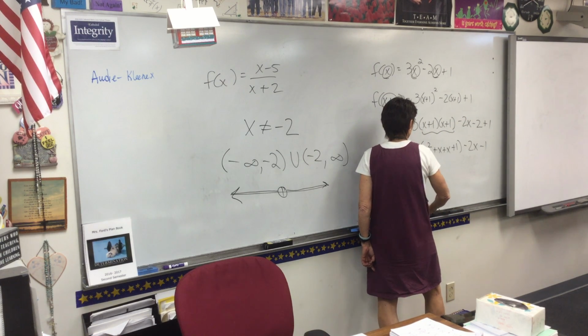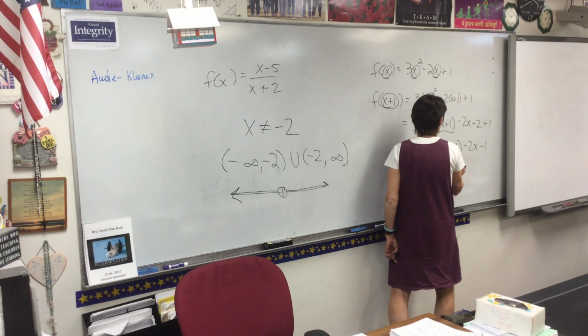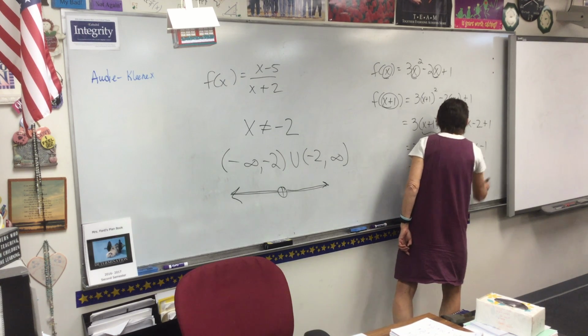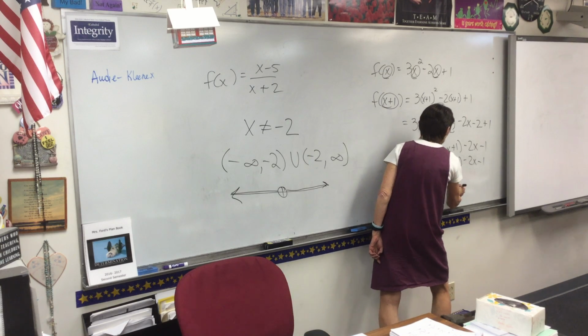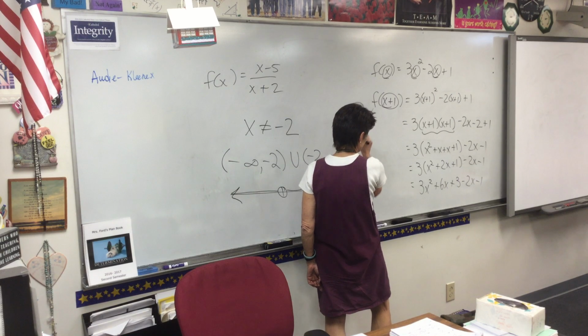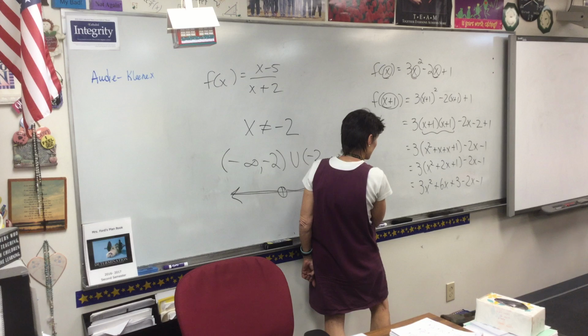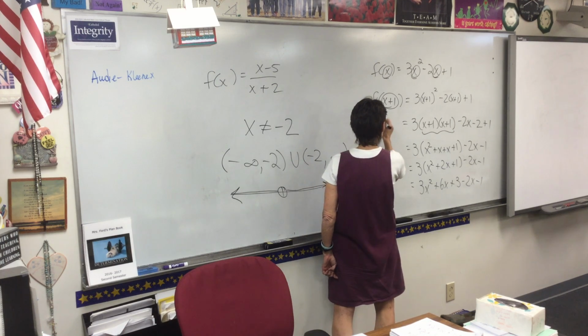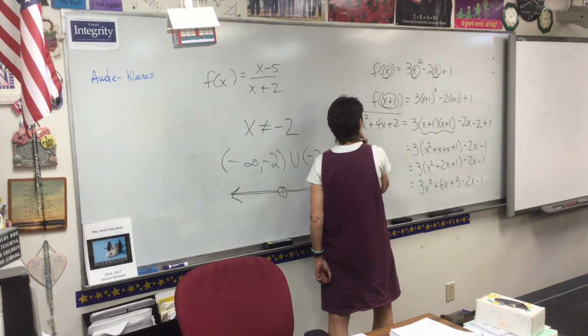Now, I can combine some like terms there. Now I'll distribute. And now I'll add my final answer, which is 3x squared plus 4x plus 2, if I added right.